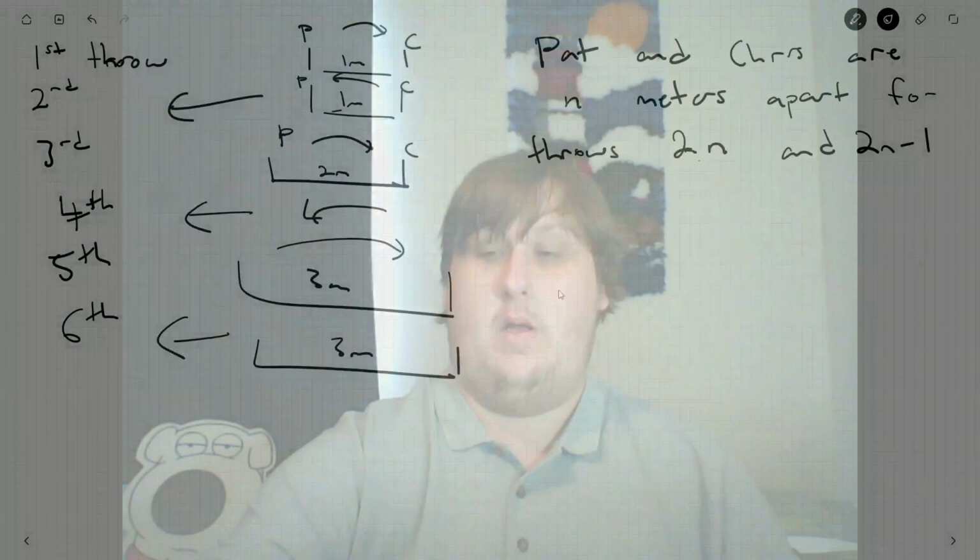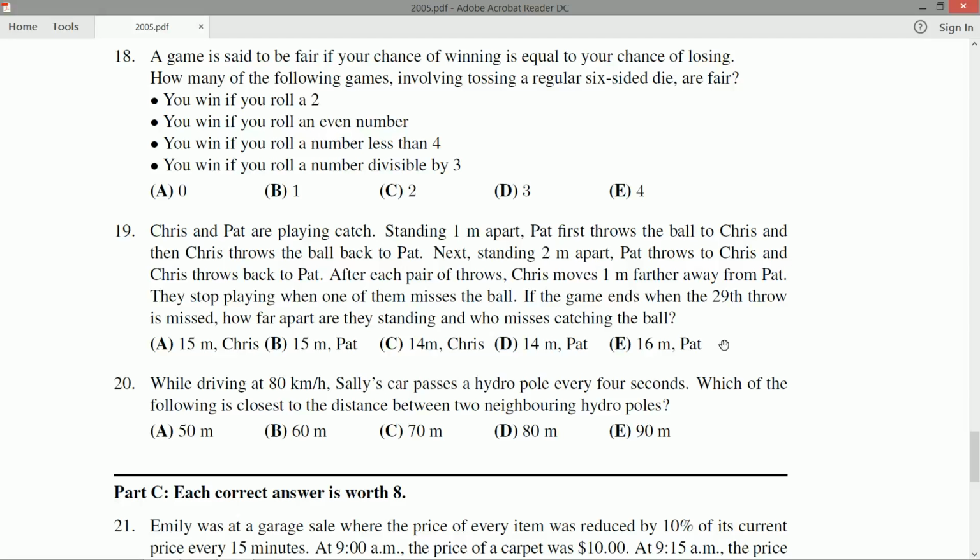Now, when I take a look at these throws, 2n and 2n minus 1, well, 2n is always going to be even. And 2n minus 1 will always be odd, because it's 1 less than an even number. So what are they asking us for? They're asking us for the 29th throw. Now, this can't be even, so it's not going to be the 2n throw.